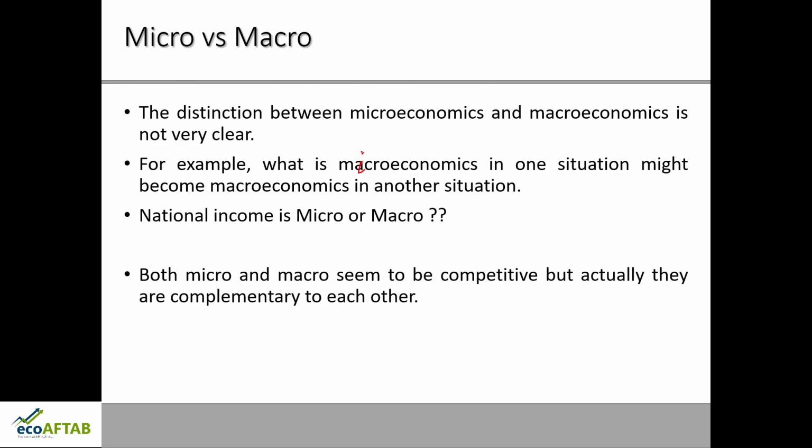You cannot have a bifurcation telling this is micro and this is macro, because micro things constitute the macro, and macro we get from micro. So both are complementing each other and not competing with each other.